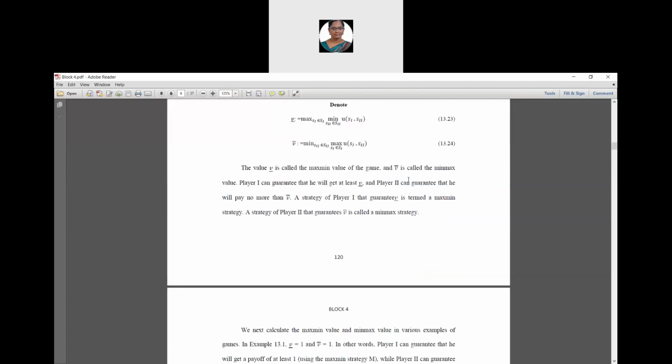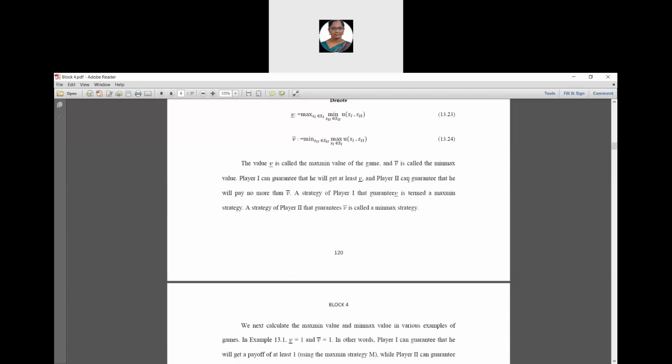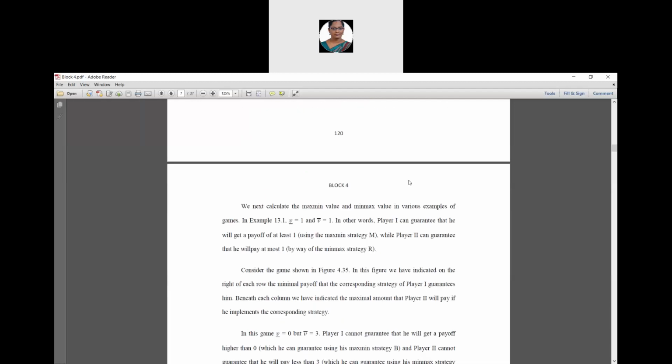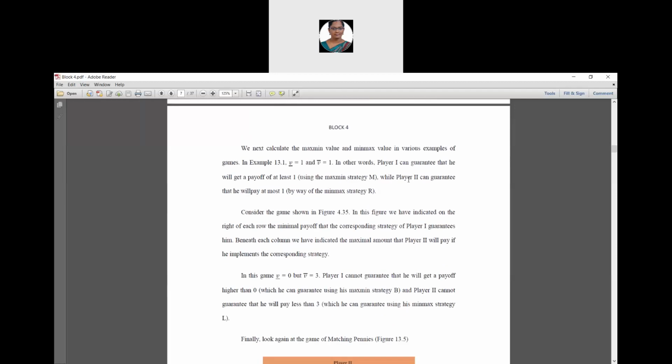A strategy of player 1 that guarantees the maximin value is termed a maximin strategy, whereas a strategy of player 2 that guarantees the minimax value is called a minimax strategy. Next, we have to calculate the maximin value and minimax value in various examples of the game.